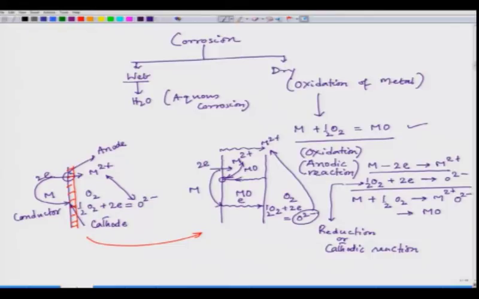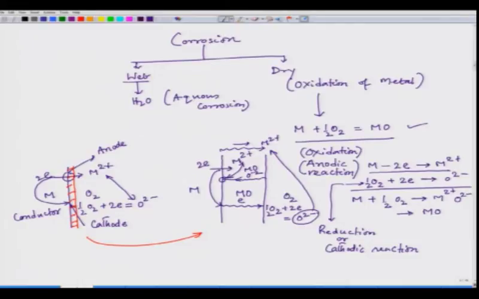Now, interestingly, charge flow is taking place through this. For example, here O2- is flowing, or here M2+ is flowing through this. So, charge flow is taking place through this MO. So, now MO becomes my electrolyte.